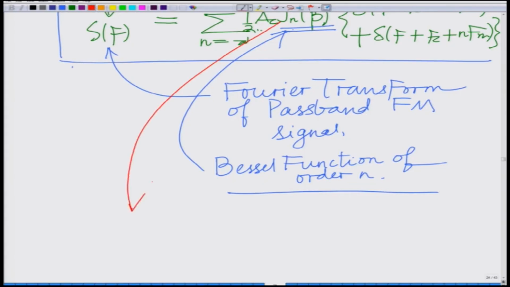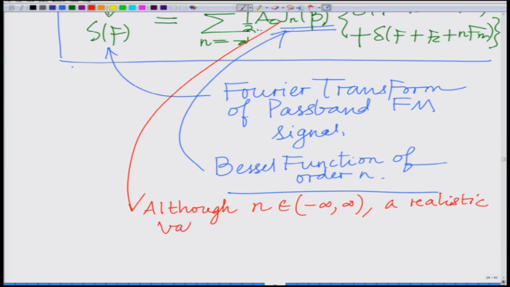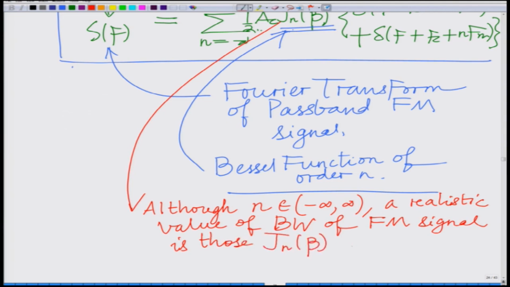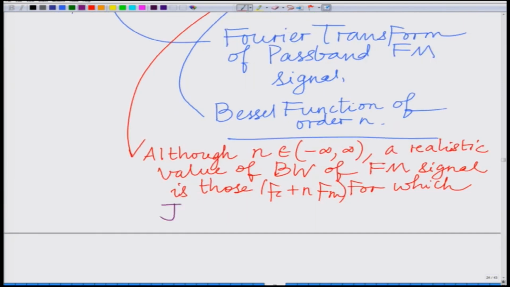Although n goes from minus infinity to infinity, a realistic bandwidth of the FM signal consists of those frequencies, f_c plus n f_m, for which J_n(β) is significant.